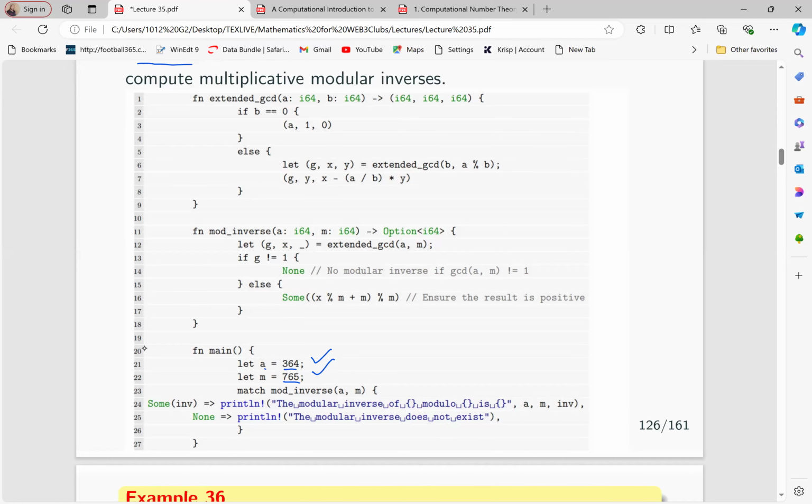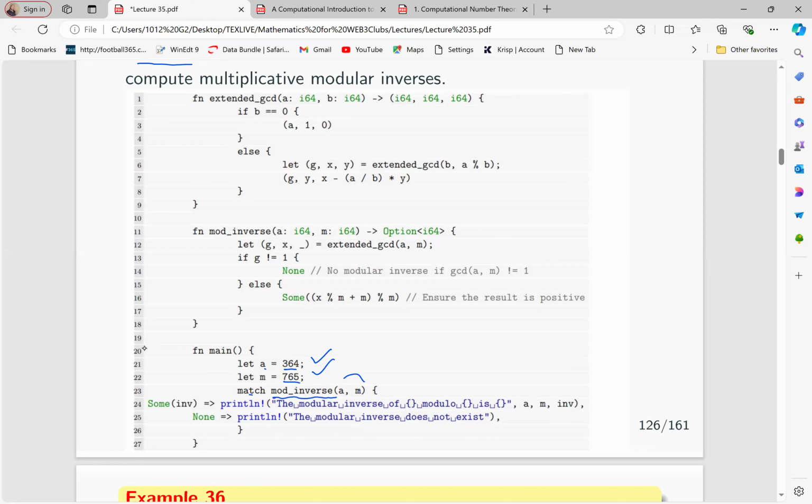Then we want to get the inverse of a mod m. What this main function will do is call on the mod inverse function with the two numbers.